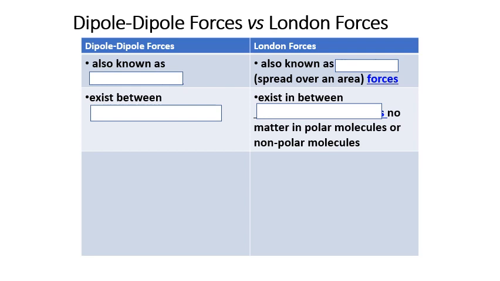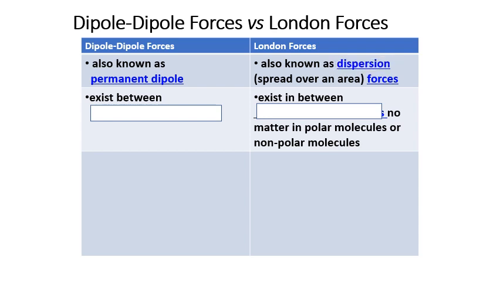Okay, so after you know the meaning of dipole-dipole forces and also London forces, let's look at the difference between these two types of van der Waals force. Dipole-dipole forces are also known as permanent dipole, while London forces can also be known as dispersion force.